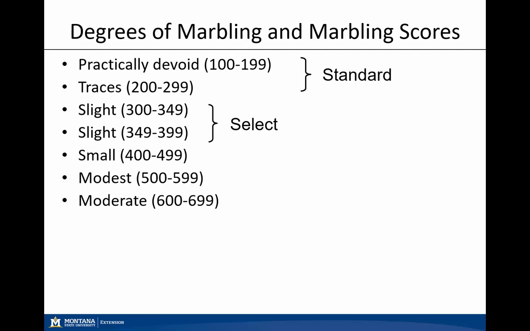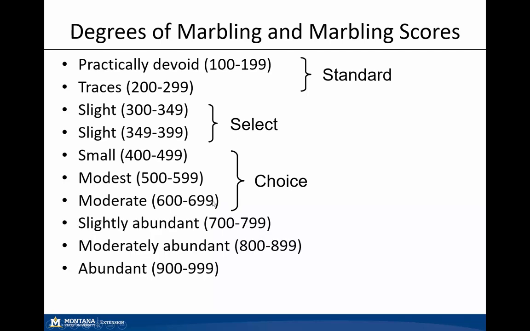Then we have small, modest, and moderate, which are our choice quality grades. Small being a choice minus, modest being choice average, moderate being choice plus. And then we have slightly abundant, moderately abundant, and abundant. So very heavily marbled, which are our prime quality grades. And we have prime minus, prime average, and prime plus.